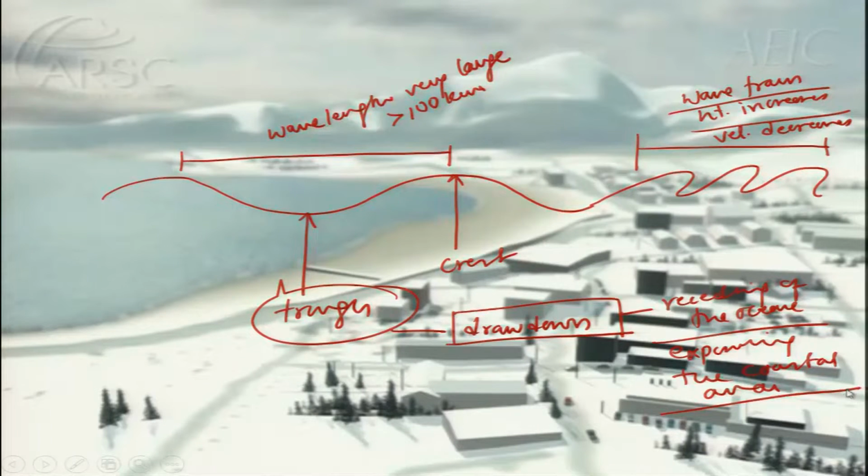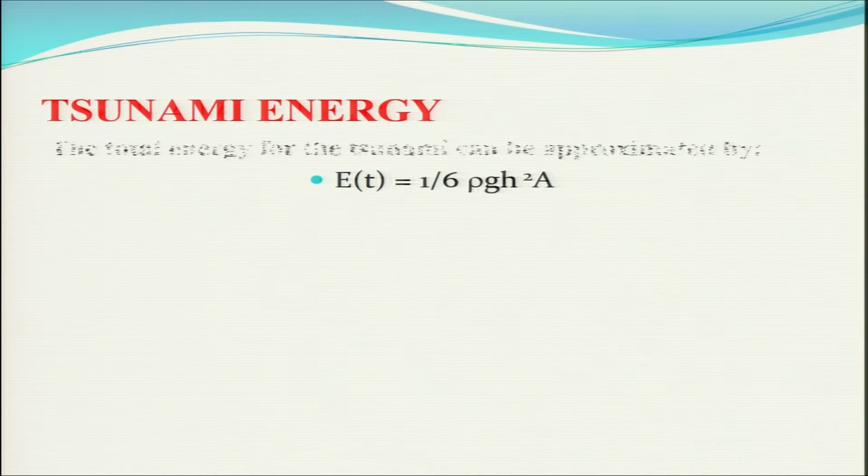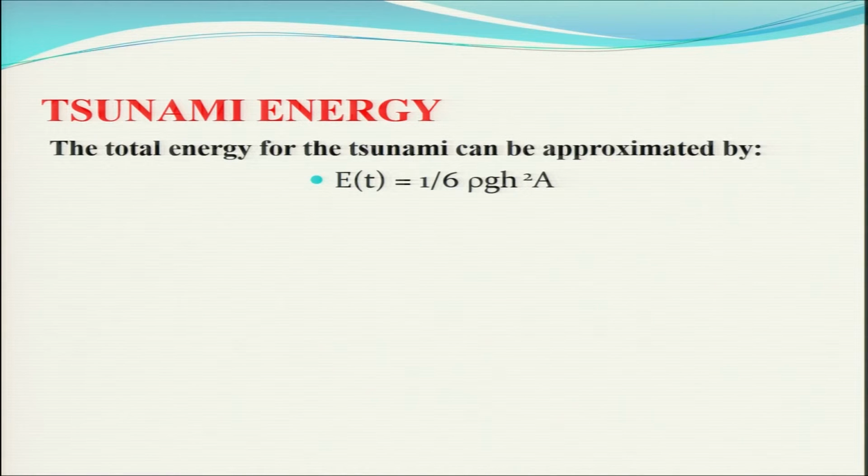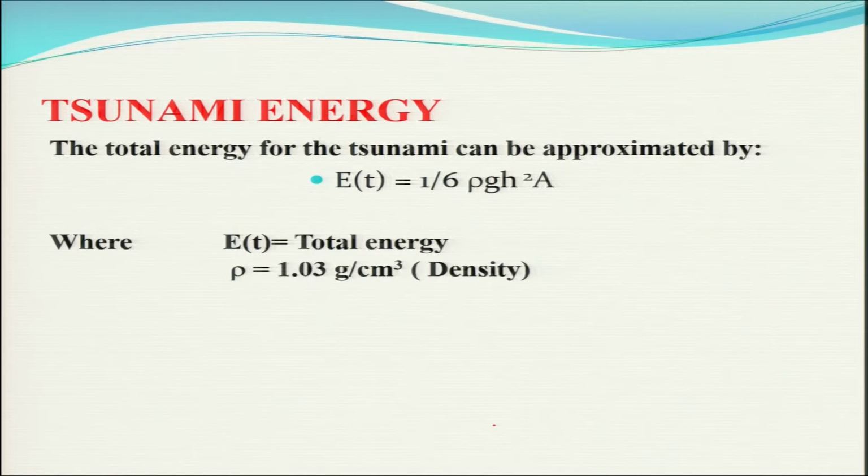Now let's see further. If you want to calculate the energy of the tsunami, the total energy is given as E_T = 1/6 rho g H squared A, and what it means is that you have the total energy of the tsunami. Rho is the density of the ocean water, and g is your gravitational acceleration.